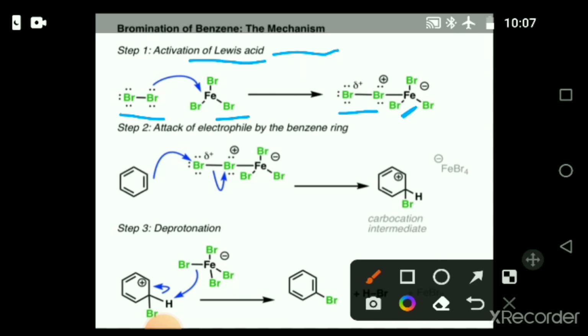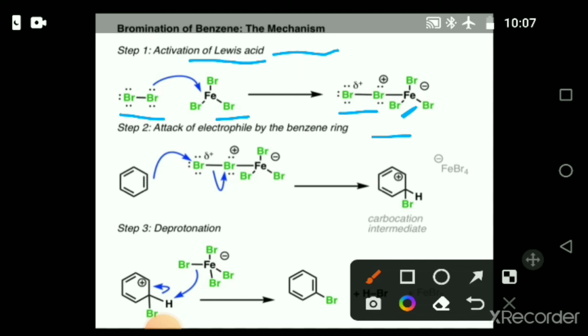We know electrophilic substitution reactions go in 3 steps. The first one is the generation of an electrophile. So here the electrophile is formed.